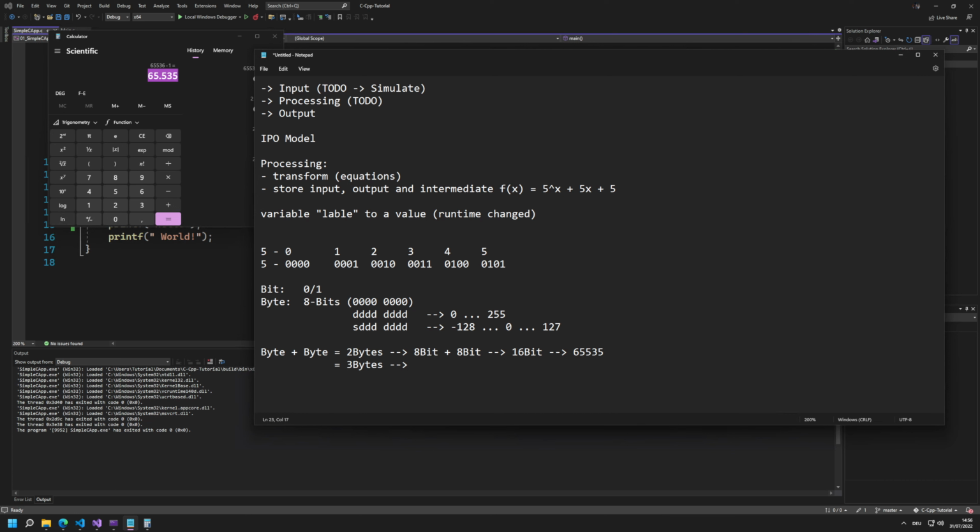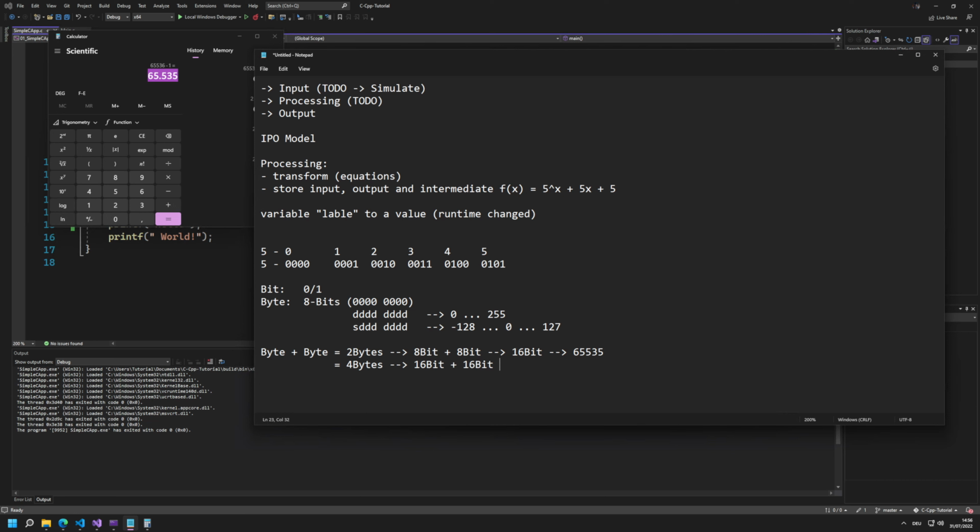So the computer uses 1, 2, 4, 8, 16, 32, 64, 128, 256, 512, 1024, and so on. The computer is always working with these power of 2 numbers. So the next thing that we would have is 4 bytes, which we could call 2 times 16-bit, so you always double the number.